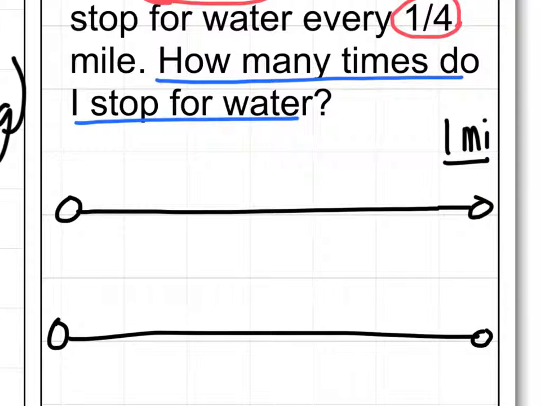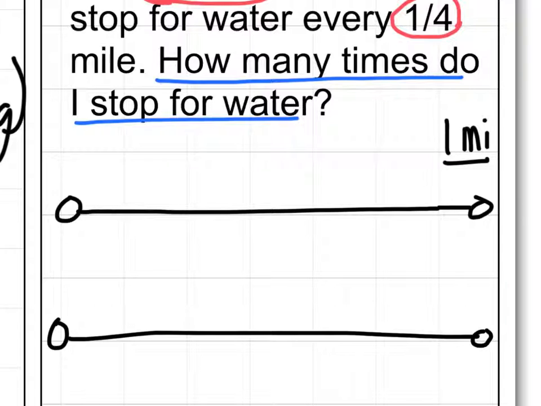It says I'm stopping every 1/4 mile. Now, with our basic fractions, we know that if we add 1/4, we'd have to add it 4 times to make a mile. It'd be 1/4 plus 1/4 plus 1/4 plus 1/4.